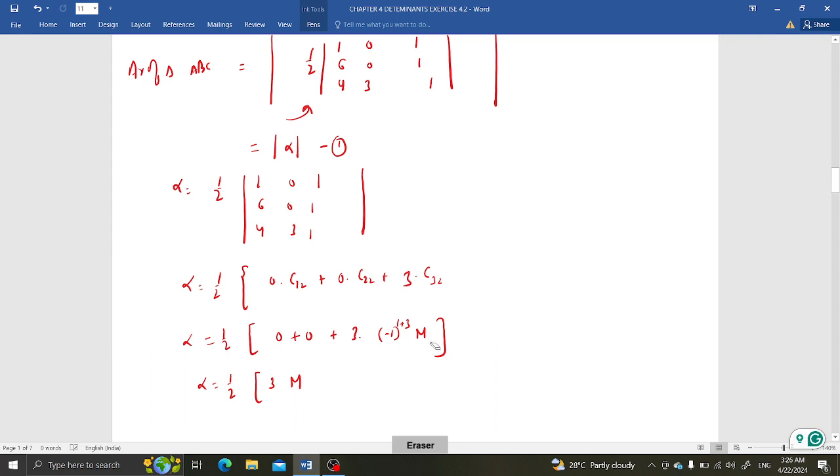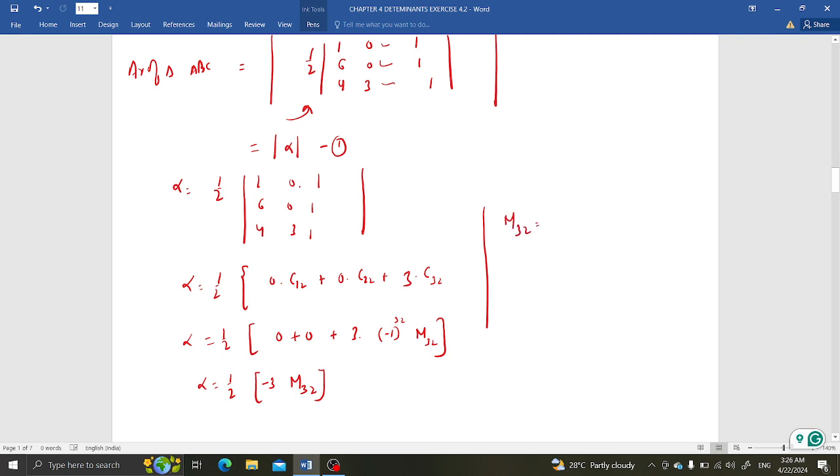Yes, because this is 1 2 position, this is 2 2 position, this is 3 2 position, so the 3 2 position will become negative, so I will put a minus sign here, and 3 2 we have.